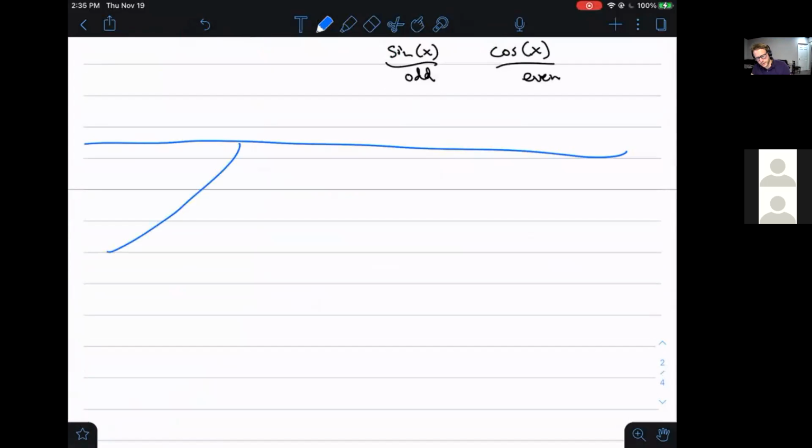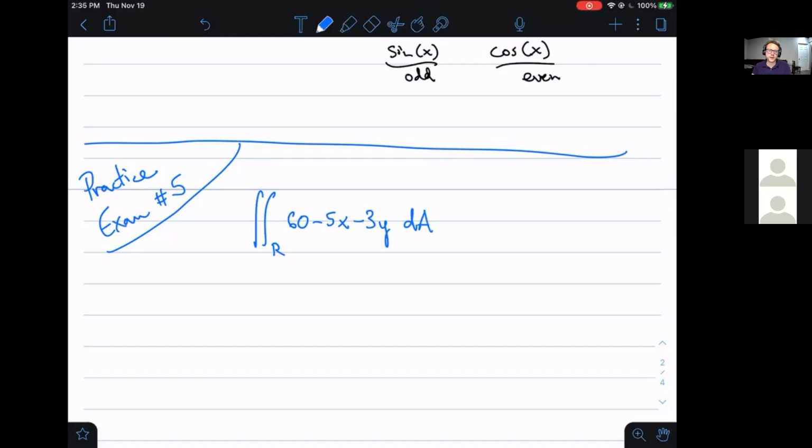This is practice exam number 5. I have the double integral over some R of 60 minus 5x minus 3y dA, where R is the triangle in the first quadrant in the xy plane bounded by 3y plus 5x equals 60.